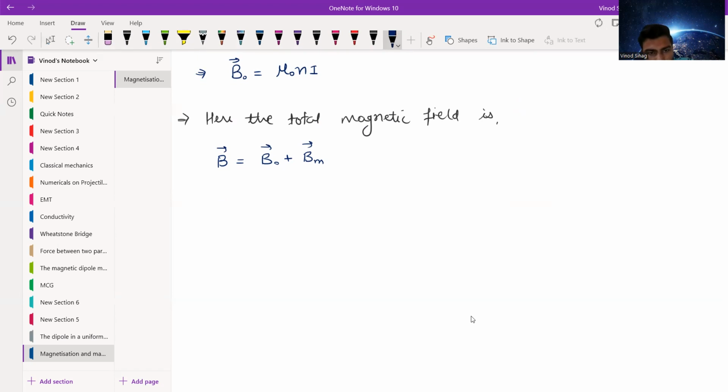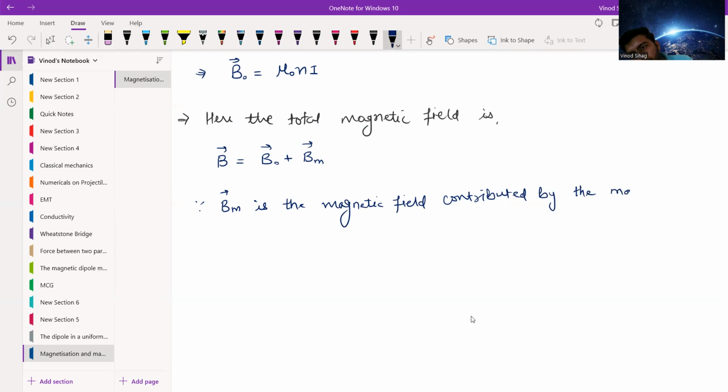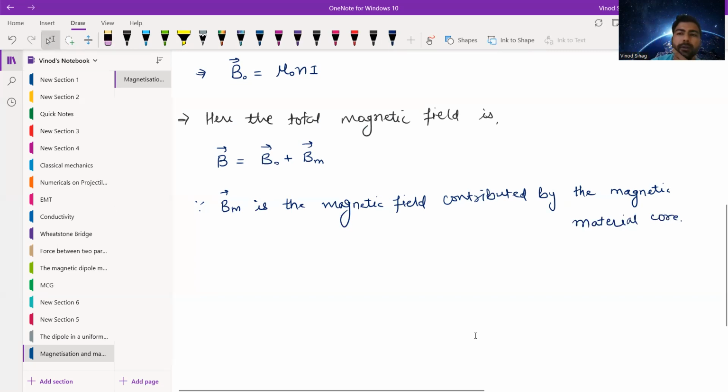Here Bm vector is the magnetic field contributed by the magnetic material core, or in this case we have taken a soft iron core, so it will be the magnetic field due to the soft iron core.